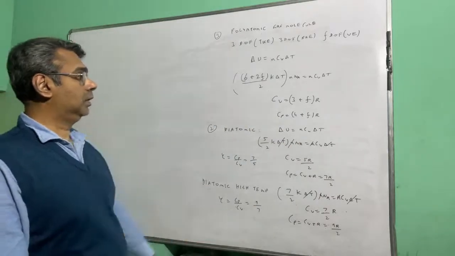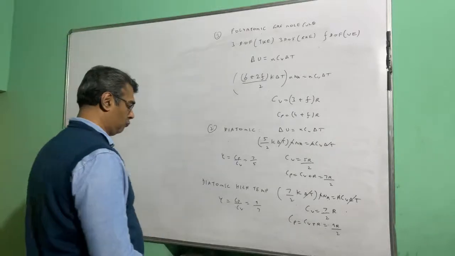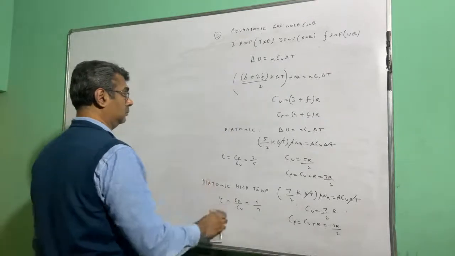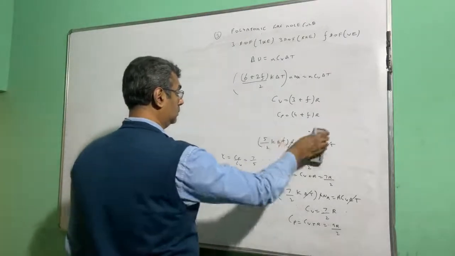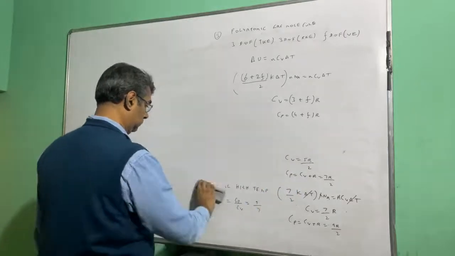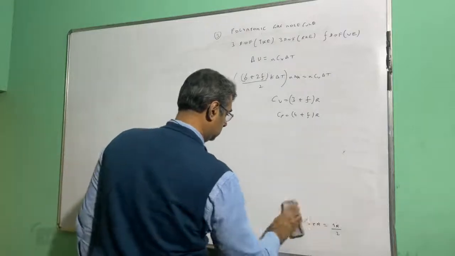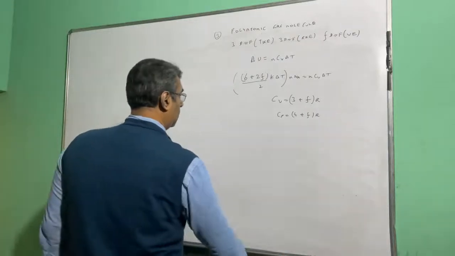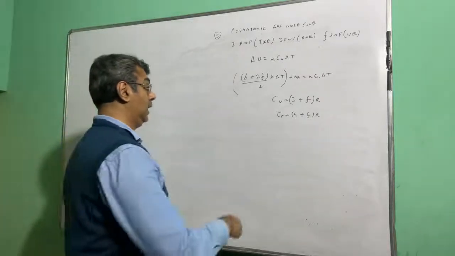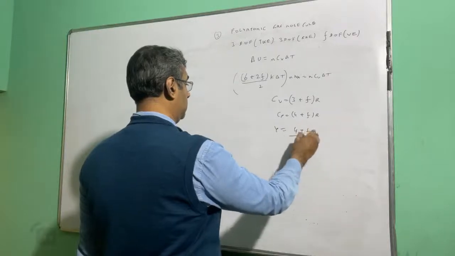So this is for the polyatomic gas molecule. So that means for a polyatomic gas molecule, the value of gamma will be this.